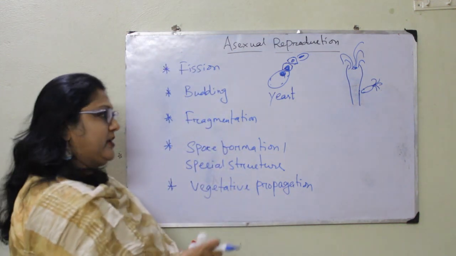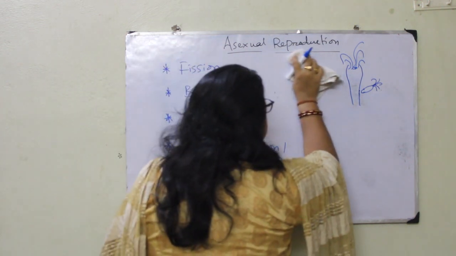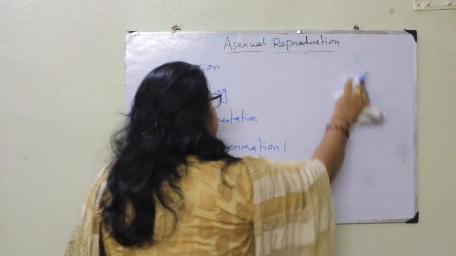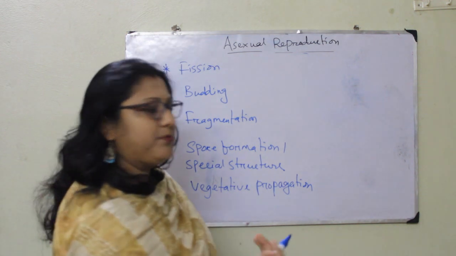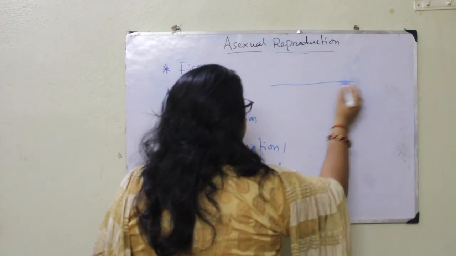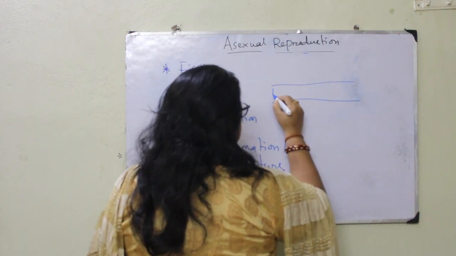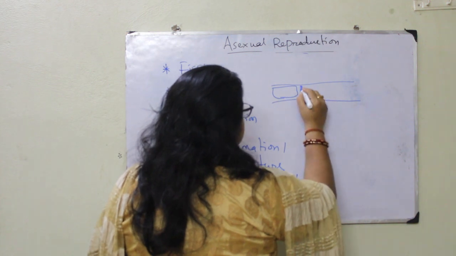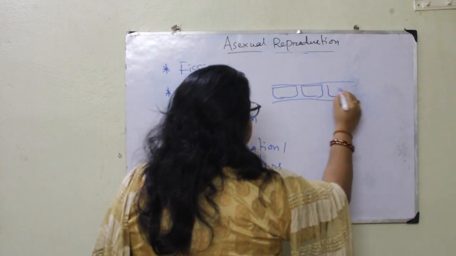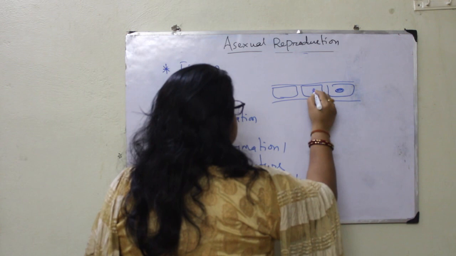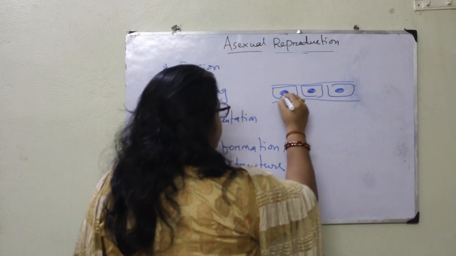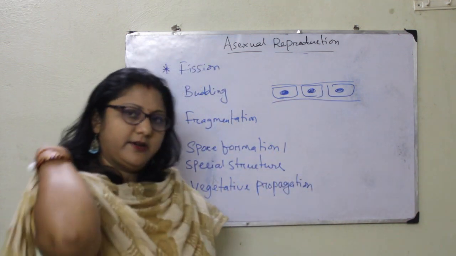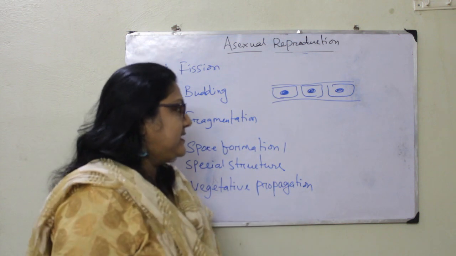Now the third one is the fragmentation process. The best example for fragmentation is Spirogyra, right? It has a filamentous, ribbon-like structure, with cells arranged in a linear way. Now what happens here?